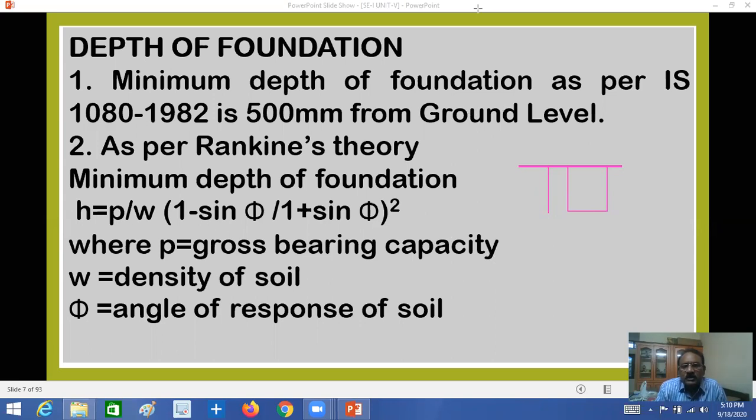This way we have to see and design the minimum depth. Otherwise, by Rankine's formula, H is equal to P by W into (1 minus sine theta by 1 plus sine theta) whole squared, which you have to calculate.